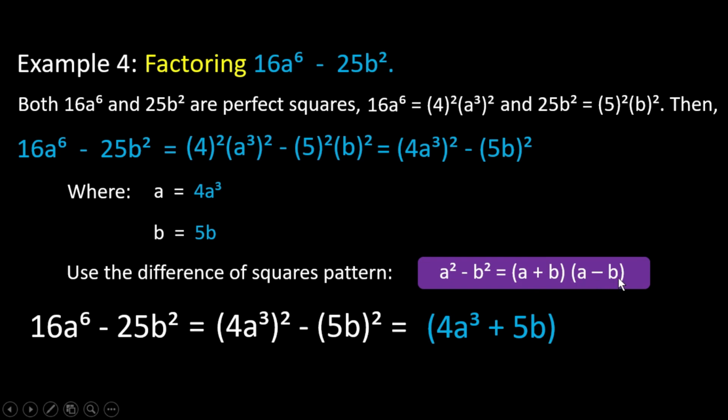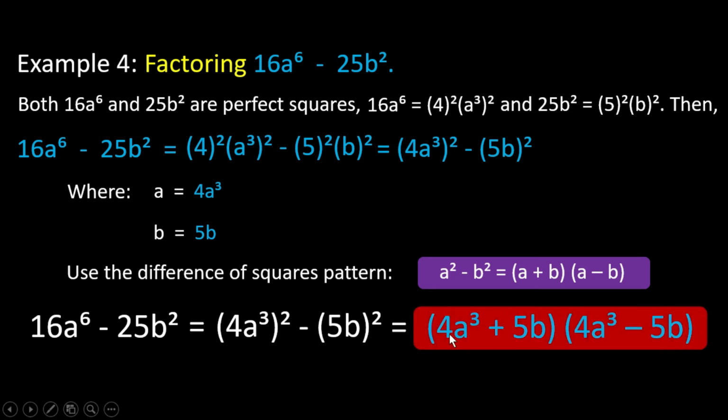Tapos, dito naman siya magiging 4a cubed minus 5b. So, itong dalawang to guys, ito at saka ito is the factors or the factored form of 16a to the 6 minus 25b squared. So, napakadali lang siya guys.